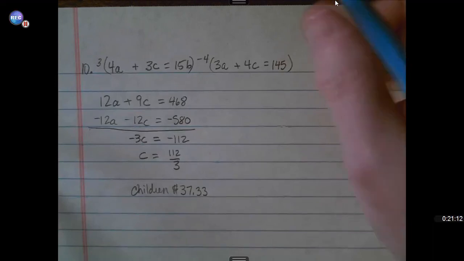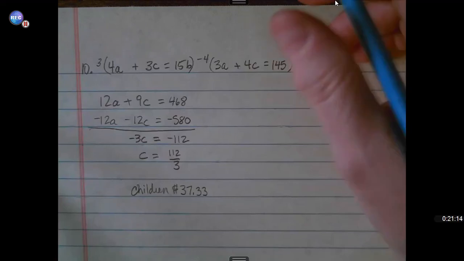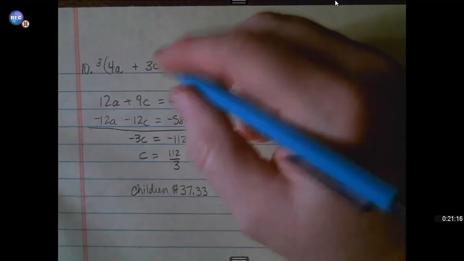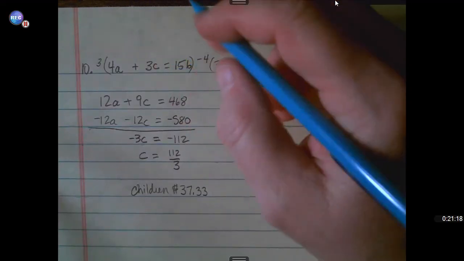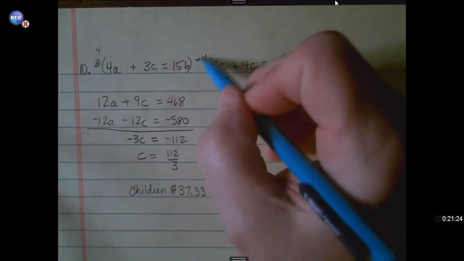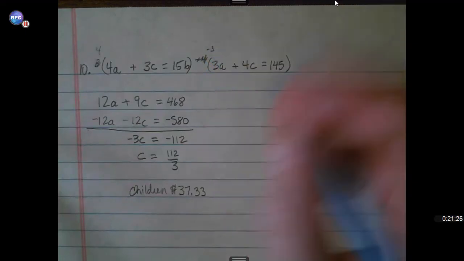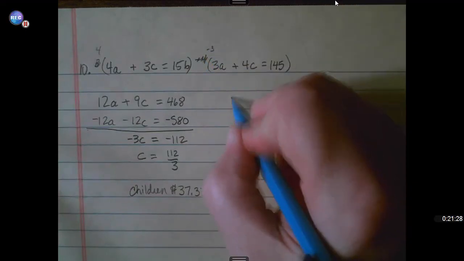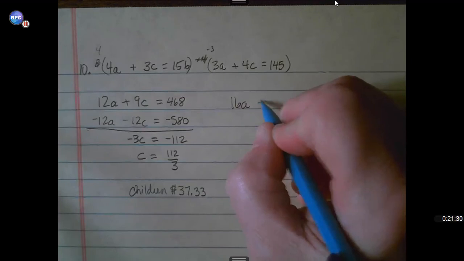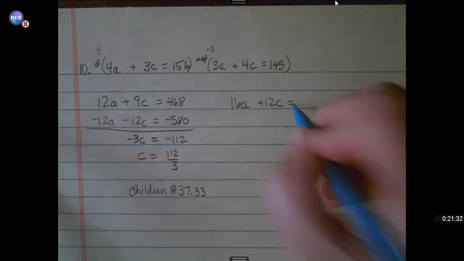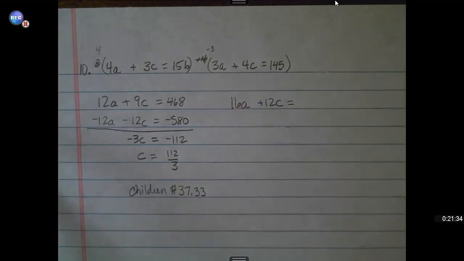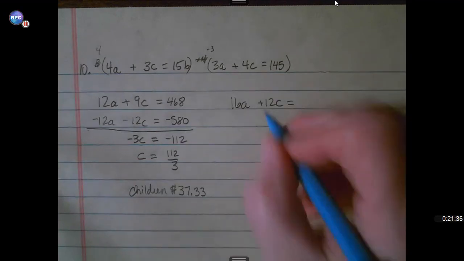So what I'm going to do now is I'm going to drop out the C's to solve for the adults. So I'm going to multiply the top equation by 4 and the other equation by -3. And that'll give me 16a plus 12c equals 624.